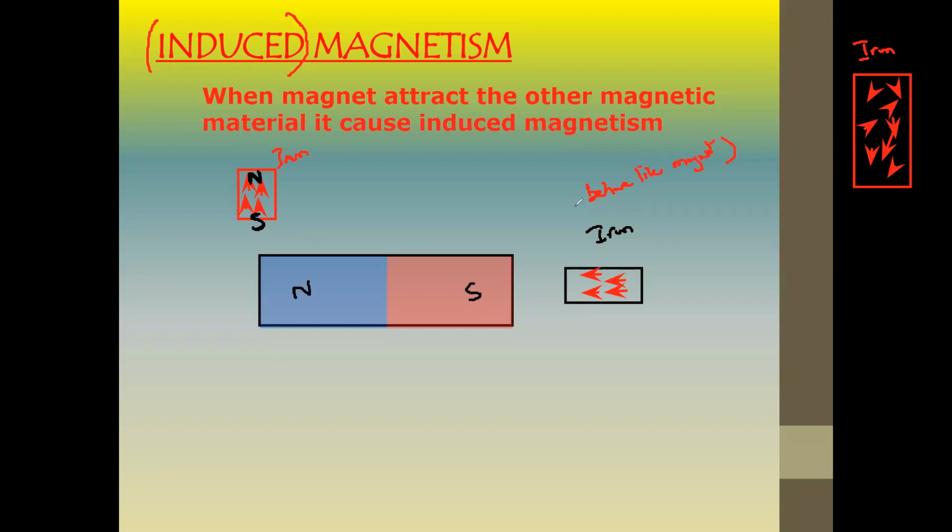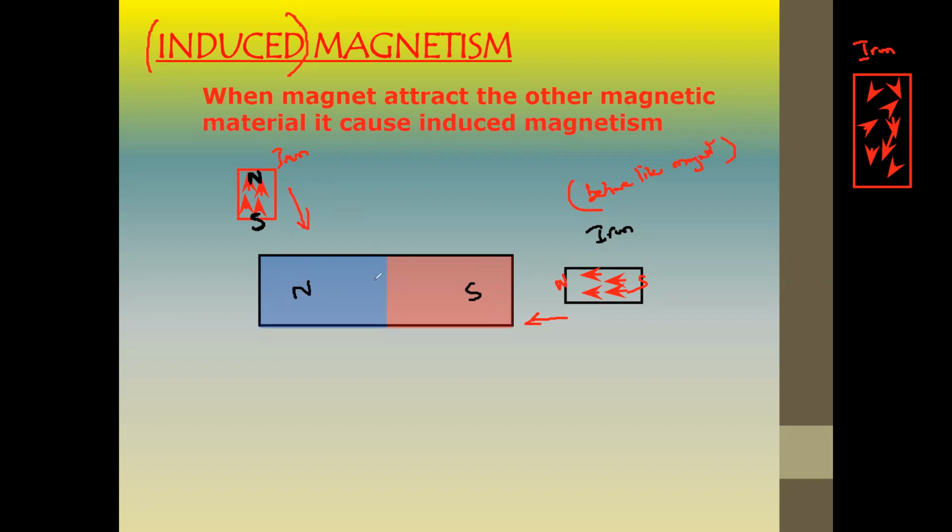And whenever an object behaves like a magnet, there are always poles, north and south. But what will be the poles induced here? Always the opposite pole will be induced. If the south pole is facing, what pole will be here? North. And the other side will be south, so that it can be attracted towards the magnet.